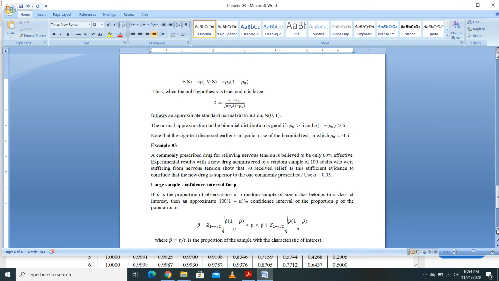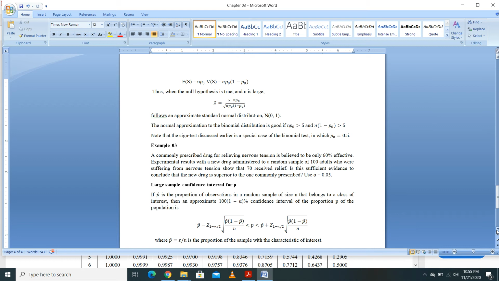What has happened? For the people who are having nerves tension, they have introduced a new drug, right? But they say in the old drug only 60% is effective. So what they have done is they have taken a sample of 100 adults who were suffering from this nerves tension, and they have given this new drug, and among those 100 adults, 70 of them have received relief.